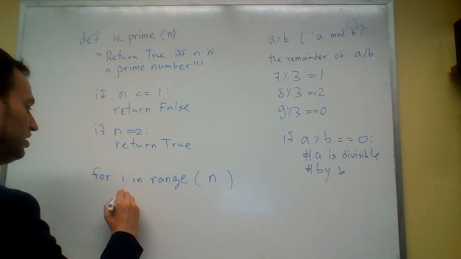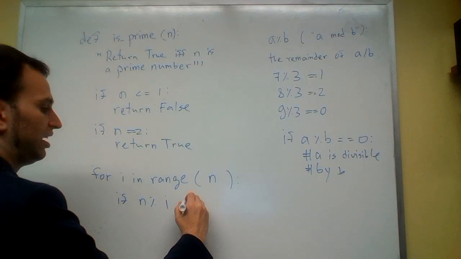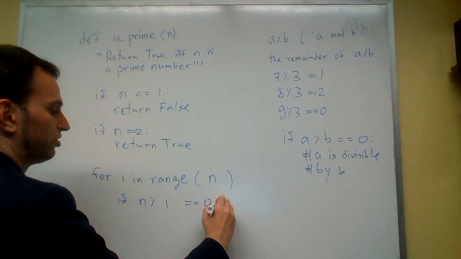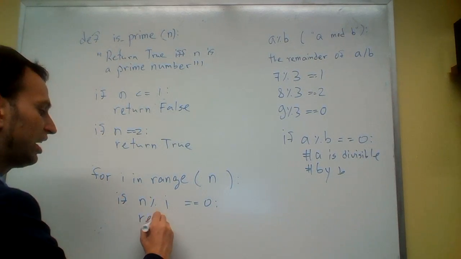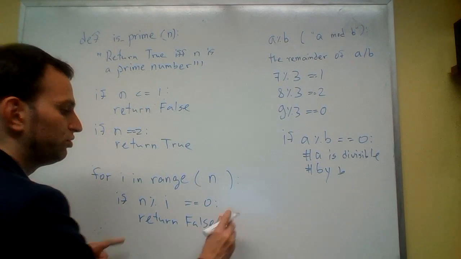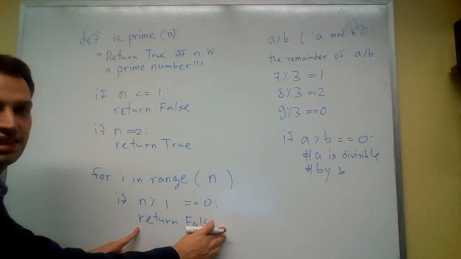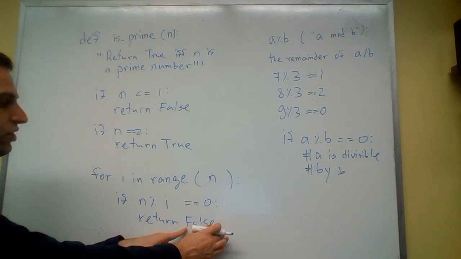So I'll say if n mod i is equal to 0, this would mean that n is divisible by i, so n is not prime, so we get to return false. And remember, once you say return false, that's it. The function finishes running. So it evaluates false and it returns.